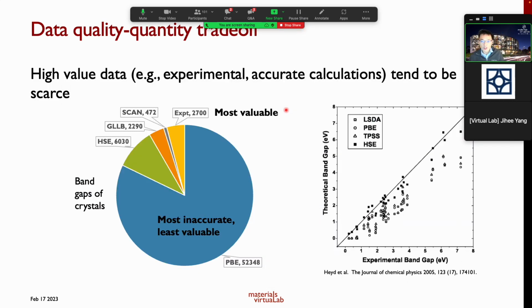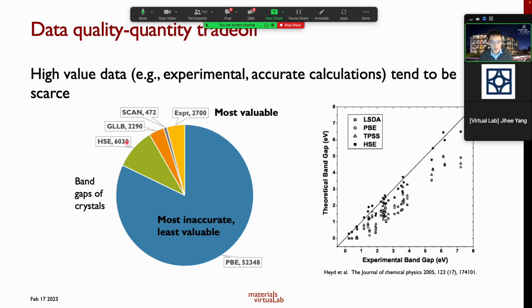So one of the things that we as materials scientists know is that there's a fundamental trade-off between the amount and the quality of the data that we have, right? Very high value data like experimental band gaps or accurate calculations of band gaps, such as HSE calculations, tend to be much more scarce than lower quality data like PBE band gaps, right?